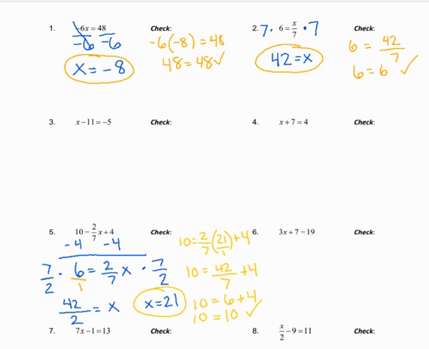Subtraction. So how do I undo subtraction? Addition. Very good. So we will add 11 to both sides. On the right-hand side, those 11s cancel, and I'm left with x. And now here again, you need to remember how to use negatives. So -5 plus 11. 6. Very good. That's really saying like 11 minus 5.